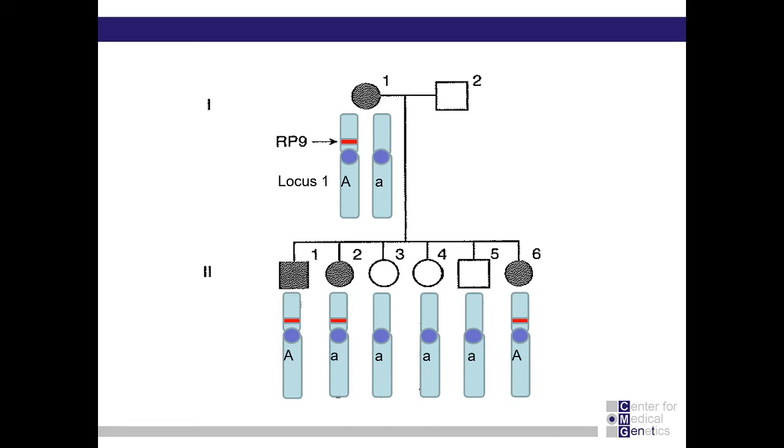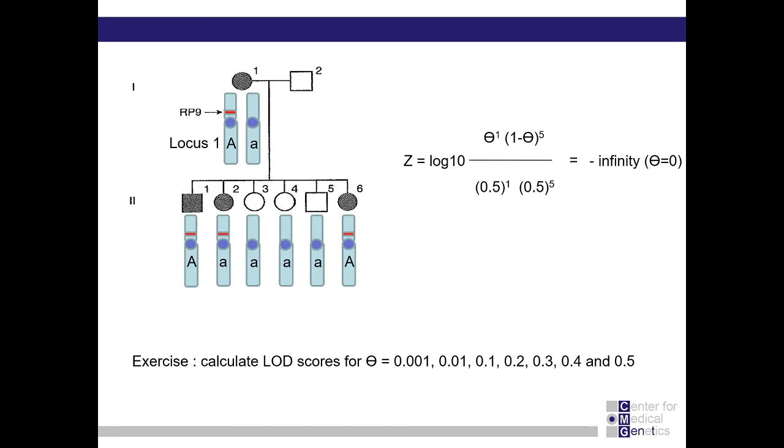In child number 2, the disease allele RP9 is detected with small a instead of big A, meaning that recombination actually happened. But what about the others? The others are still the same: big A with the disease, small a, small a, small a, no disease. So what numbers do you enter? 1 and 5. Okay, so the answer is minus infinity.